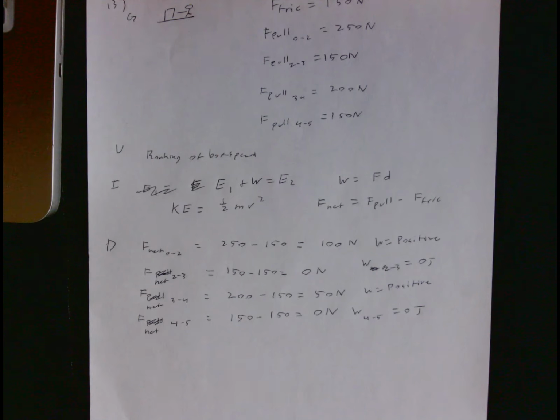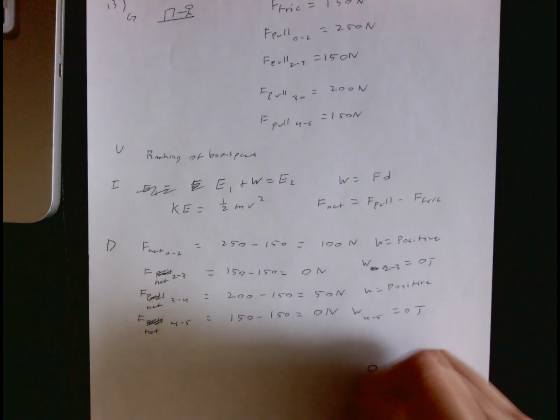Right? And so since the box never slows down over this time, because you never take away energy from the box, the time at 0 seconds is going to be the slowest.